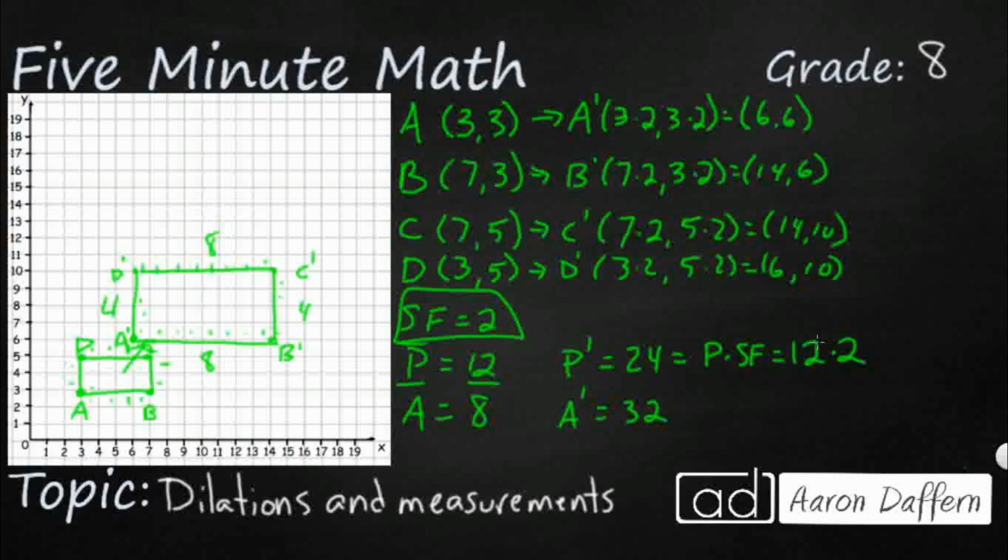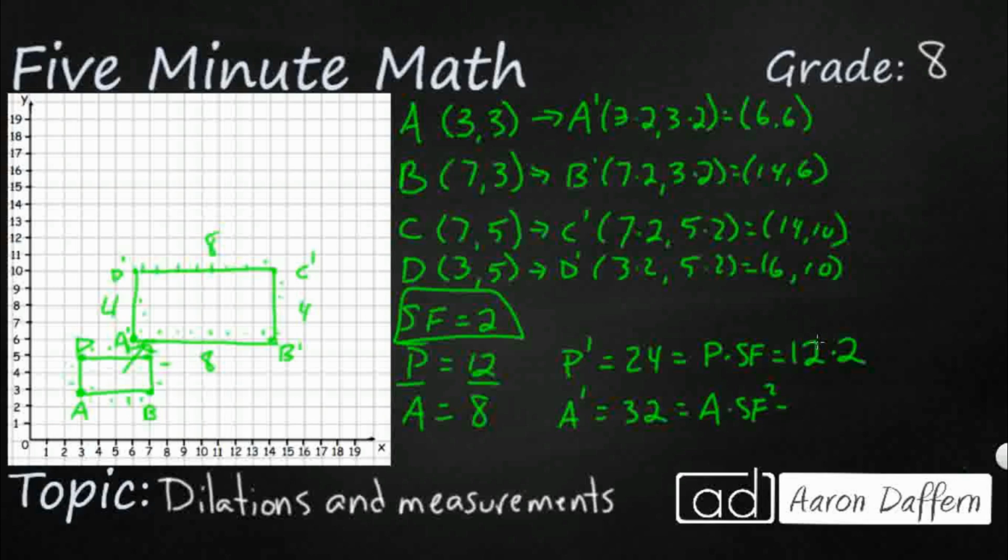Now, how did we get to 32? Because it was 8 times 4, but the scale factor was only 2. Well, remember what I said, that the perimeter changes linearly, but the area changes quadratically. So what it is, it is the area, the regular area, times the scale factor squared.